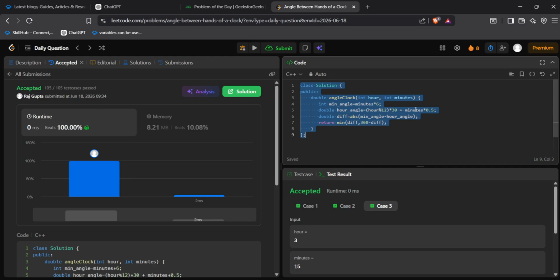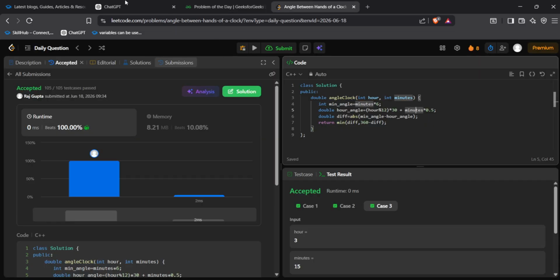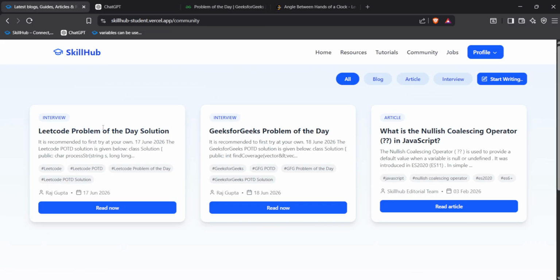It is submitted successfully. I have provided this code and will update the code solution for today's problem of the day here. You can check it here. I already updated the code for this problem of the day, and you can also find the solution here.